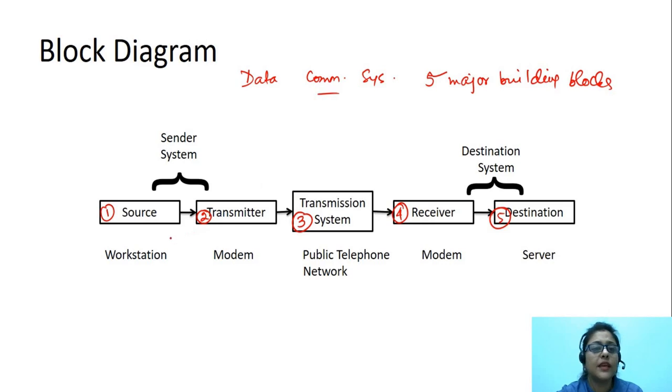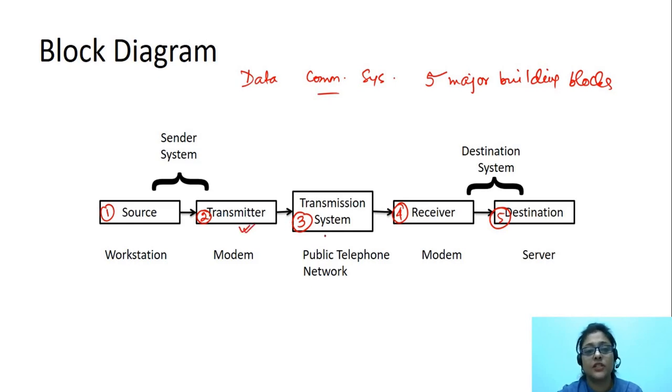Now the source is the entity that generates the information. And this information must be passed through a transmitter to be made compatible with the transmission system through which the information should be passed. So the second entity of the data communication system is the transmitter part.